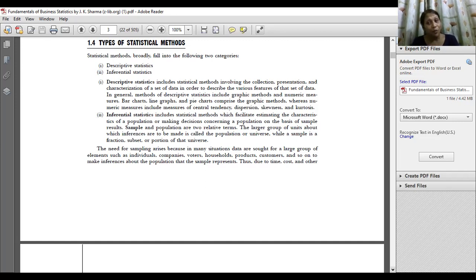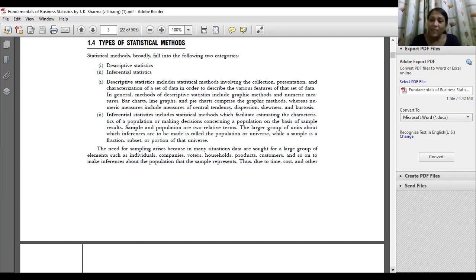So that handful of rice acts as an inference or reference, right? So this is a very simple example of inferential statistics, and students can remember easily what inferential statistics is.